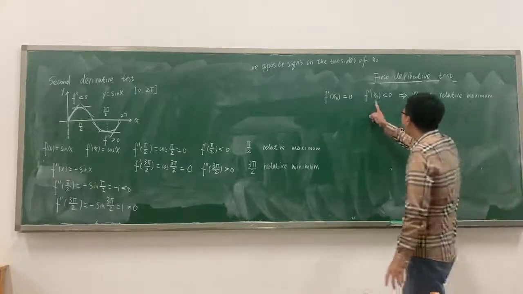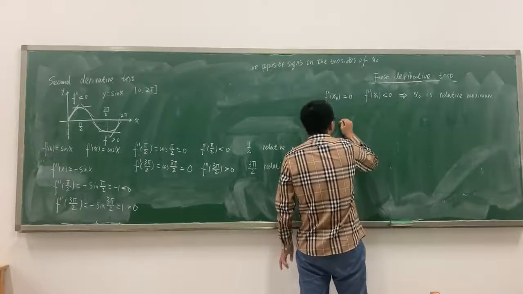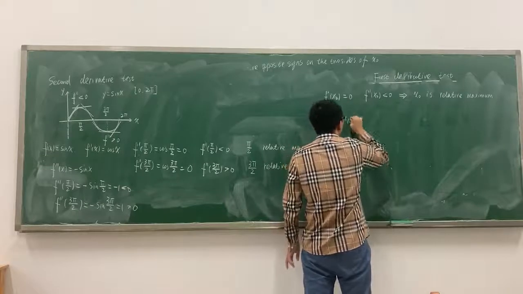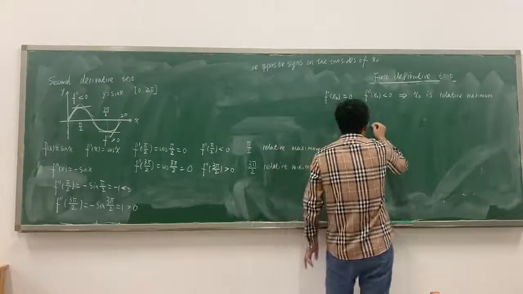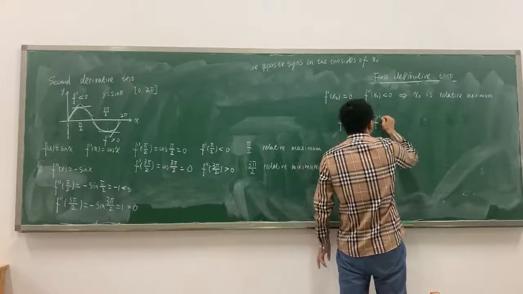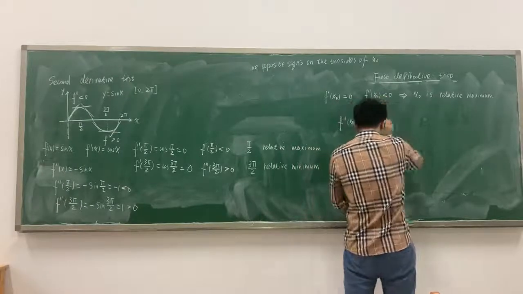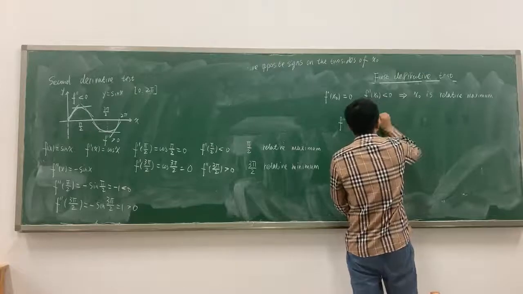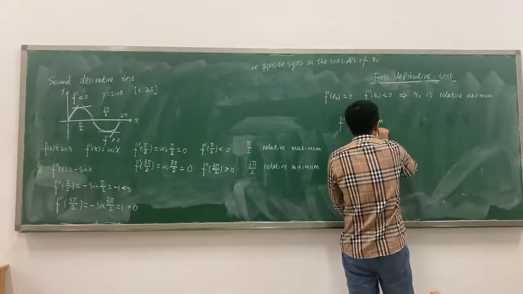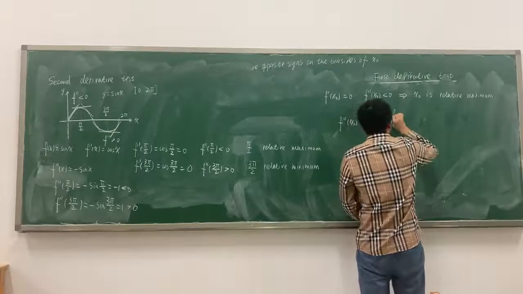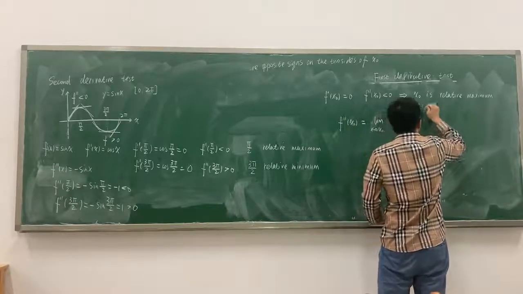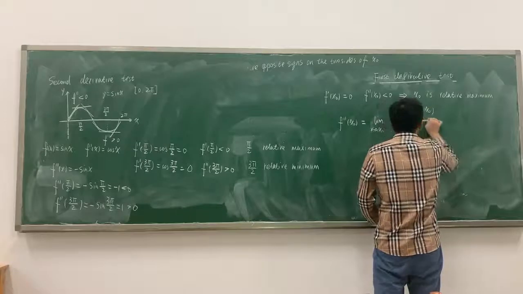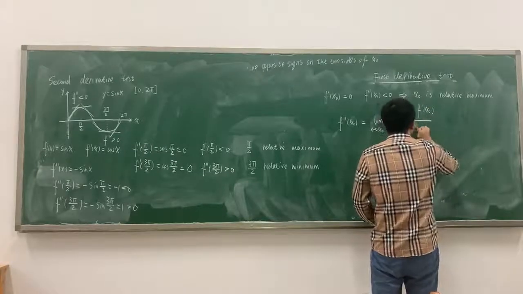For example, here, we know f double prime of x0. We use the definition. Here it is equal to the limit as x approaches x0 of [f prime x minus f prime x0] divided by [x minus x0].